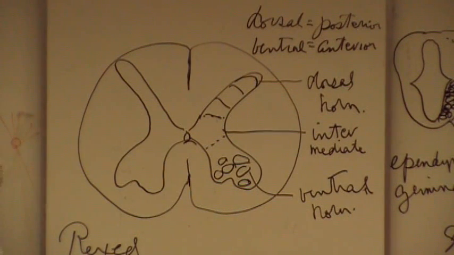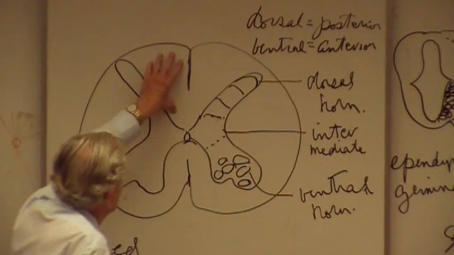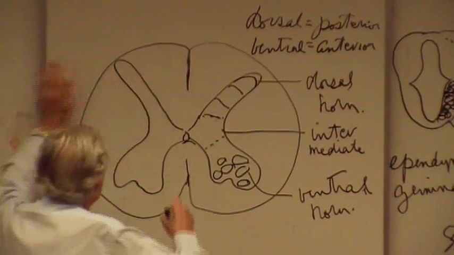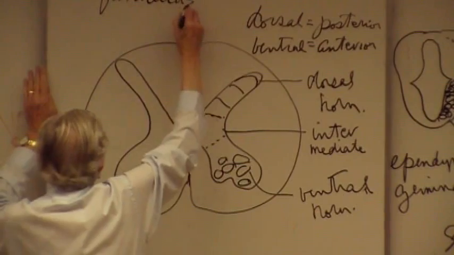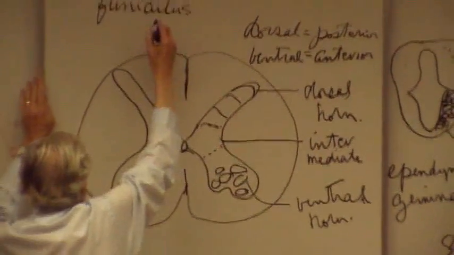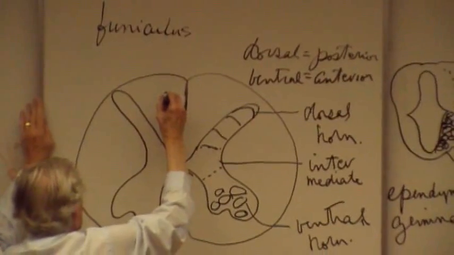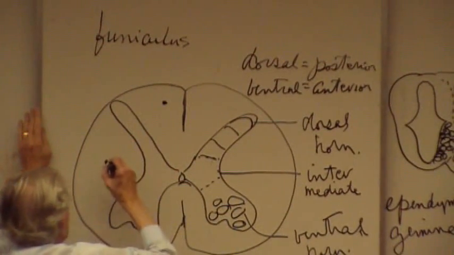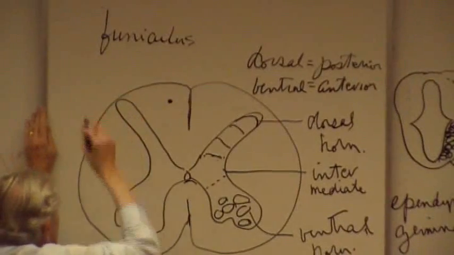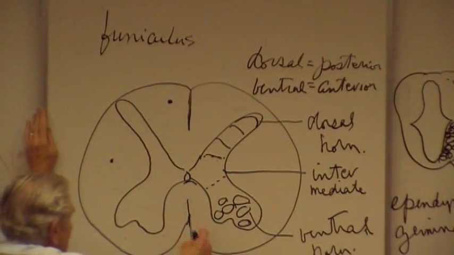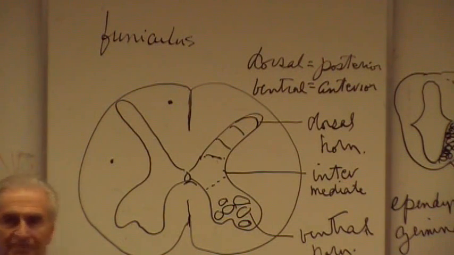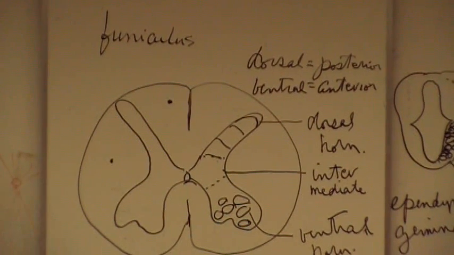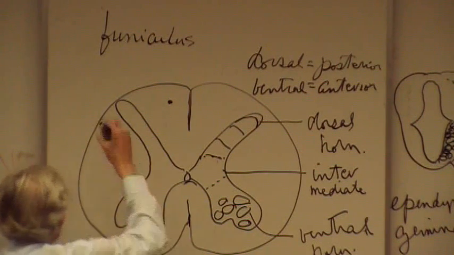But in order to do that, I must remind you that a large white matter bundle here is known as a funiculus. It's essentially a large bundle. This is known as the posterior or dorsal funiculus. This is known as the lateral funiculus. And what do you think this area down here is known as? It's the ventral or anterior funiculus. Now those funiculi are made up of specific tracts or fasciculi.